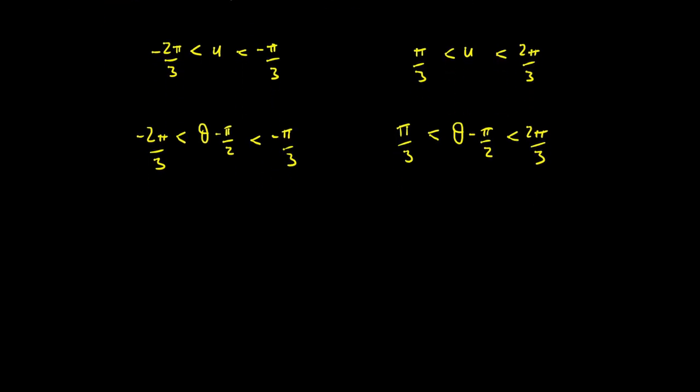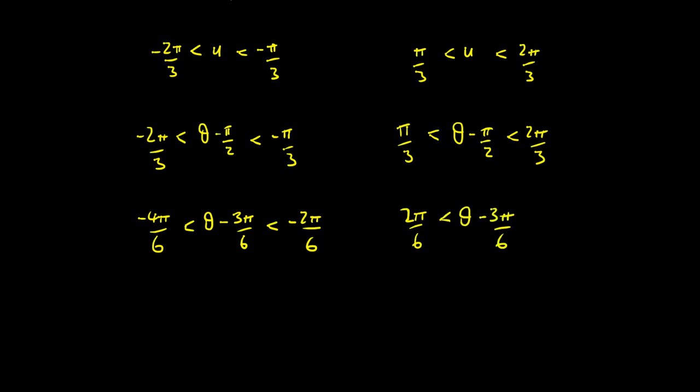So I'm going to turn everything into fractions of 6. So this will be 4 pi upon 6, theta minus 3 pi upon 6, and minus 2 pi upon 6. Okay, and same thing over here. So 2 pi upon 6, theta minus 3 pi upon 6, and that will be 4 pi upon 6. Yep, I think that's right.